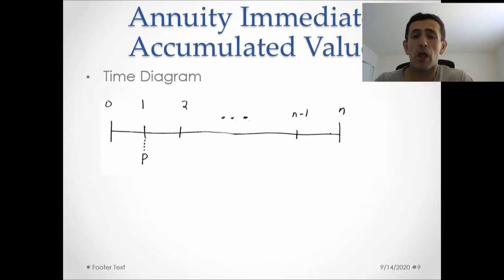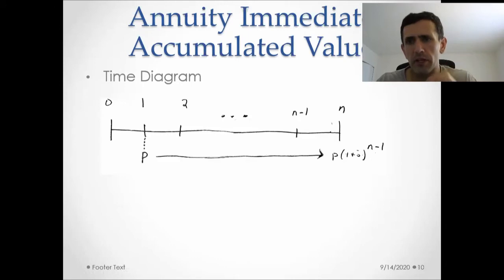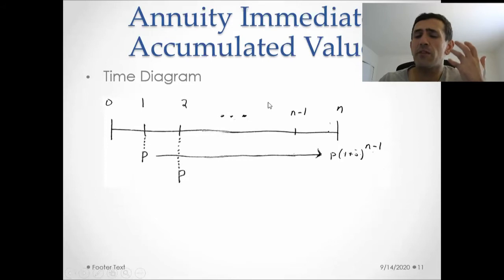Let's see. At the end of the first period, you deposit P, and that sits in this account for N-1 periods. The per period interest is J, so this becomes P(1+J)^(N-1). At the end of the second period, we make another payment into this account.